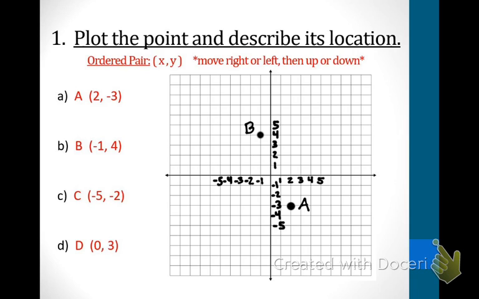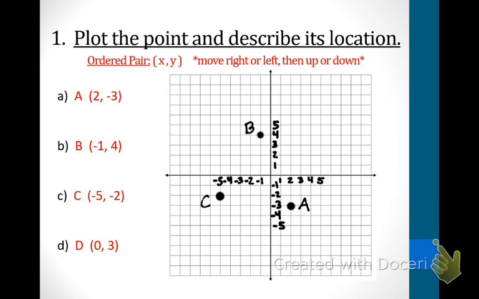Down. So you start at that -5, and then you got to go down to -2. Where's the -2 at? Good job. So he's then got it down to -2. And what point is that, Jakari? Point C. Okay, does that make sense to you? All right, just remember you go left or right first, then you go up or down.